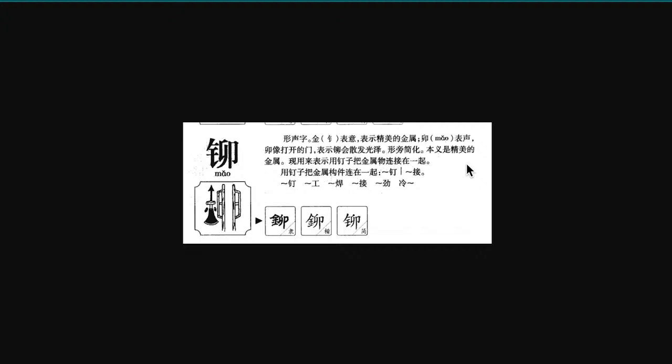So what they are trying to say is that this thing is used to join two sheets together, similar to doors with two swings that close and meet in the middle.